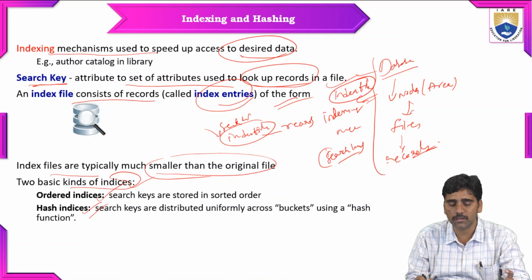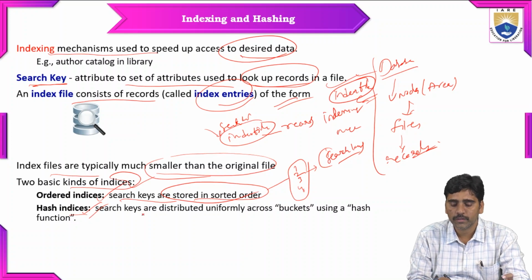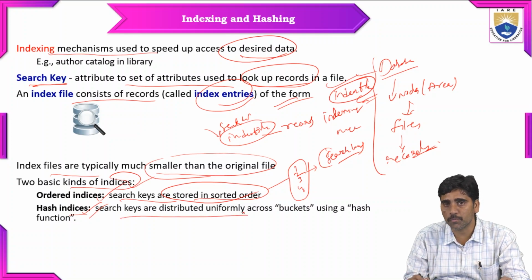So what are ordered indices? In ordered indices, the search keys are stored in sorted order. That means 1, 2, 3; they are maintained in a particular sorted order. But in hash indices, search keys are distributed uniformly across buckets. Each index maintains search keys, and each search key is assigned to a bucket using a hash function.